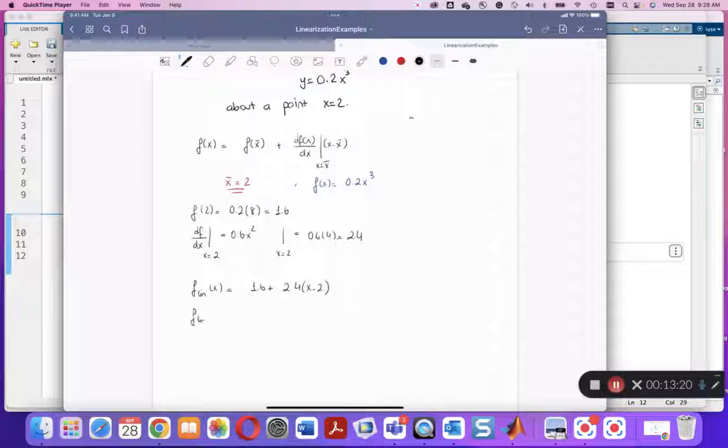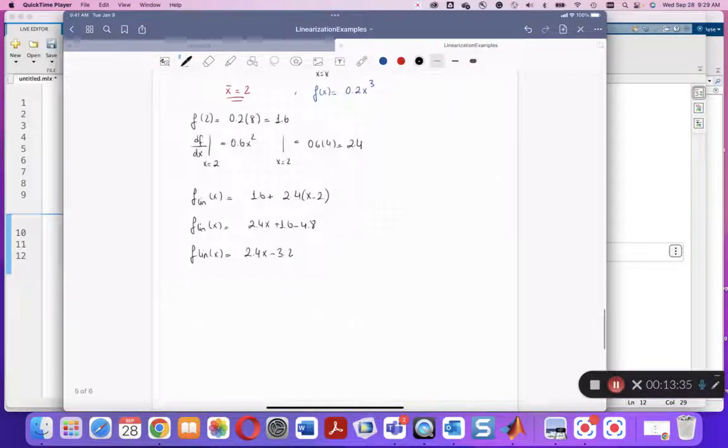The linearized equation, one more time, will be 2.4x plus 1.6 minus 4.8, which is just equal to 2.4x minus 3.2. And this is a linear equation. So this is going to be the equation. Sorry for the mistake.